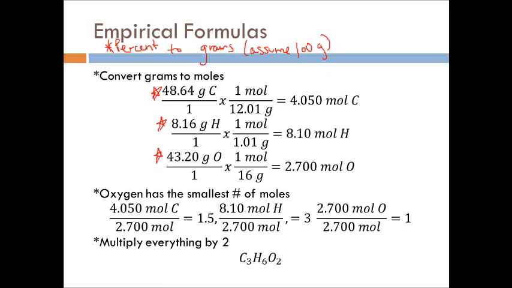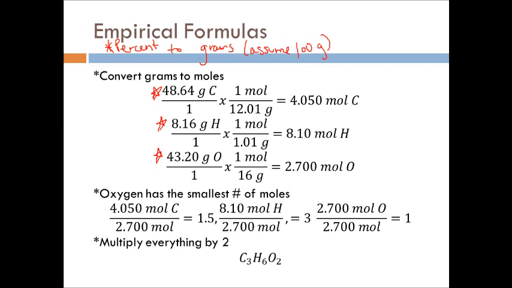So we have 48.64 grams of carbon, 8.16 grams of hydrogen, and 43.2 grams of oxygen. Now, that's the first step, so percent to mass, or percent to grams. Then we're going to convert those grams to moles, because essentially what we're going to do is compare the moles to one another. And this will give us the ratio that we want.